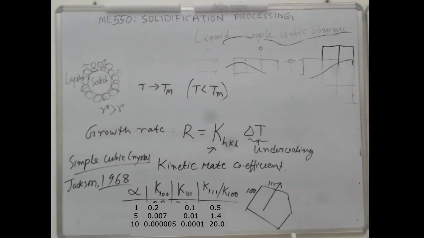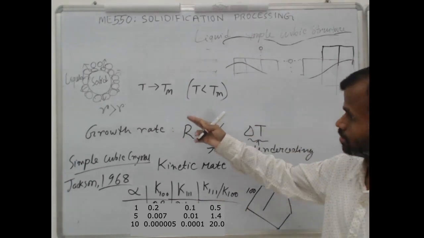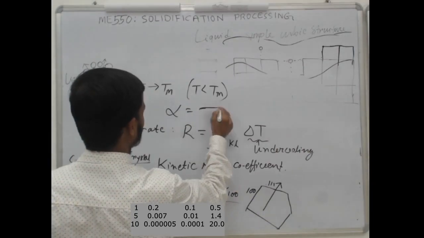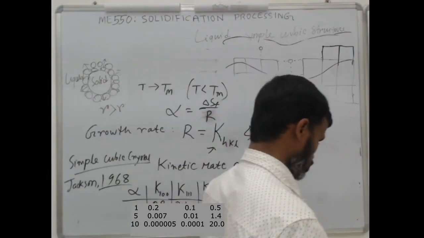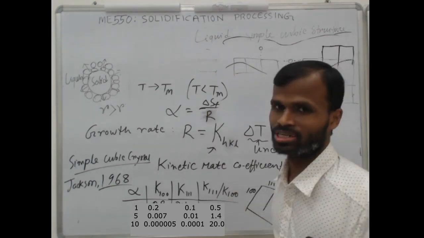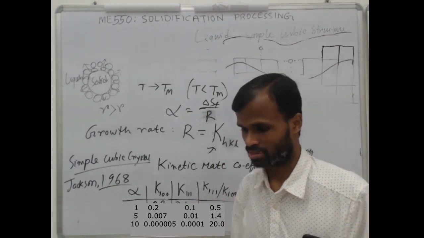If you see, if entropy of fusion, as we have written, alpha equals delta SF by R, increases and is very high, the attachment of atoms will be very difficult.